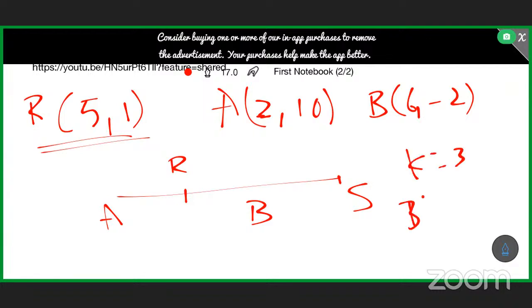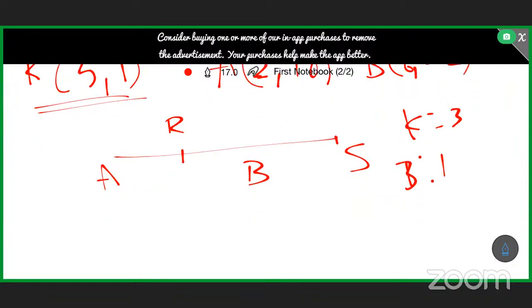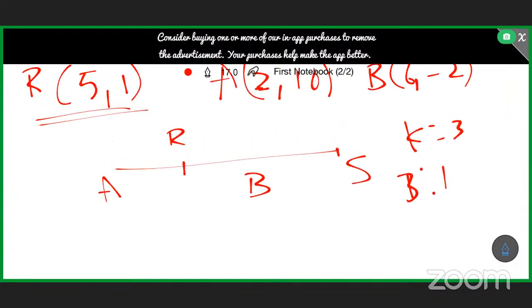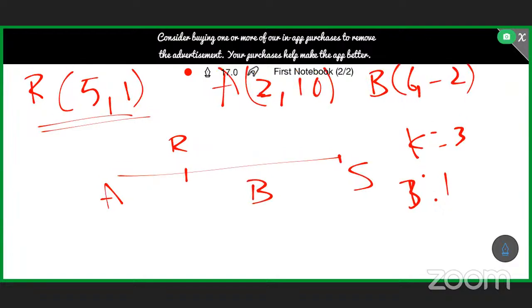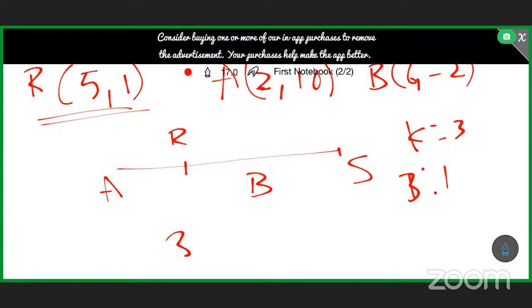The points are 2 comma 9, and this will be how much? X2 minus nx1, 10 comma minus m by 2. Minus 6, minus 6.